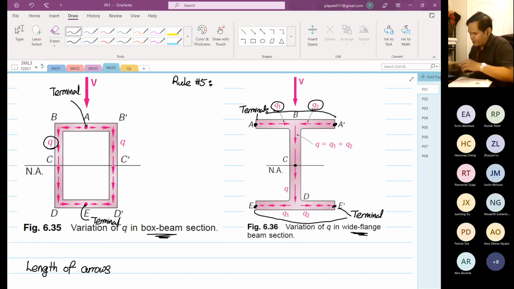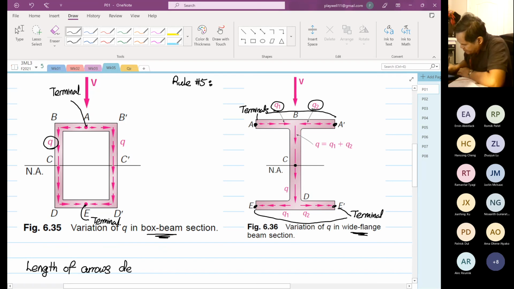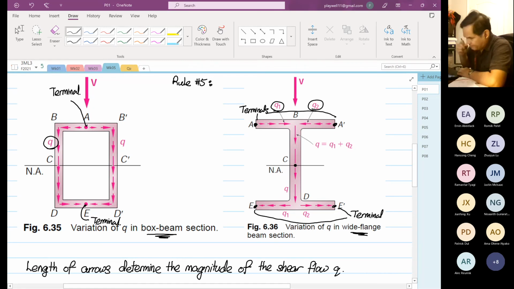So the length of the arrows determines the magnitude of the shear flow Q.